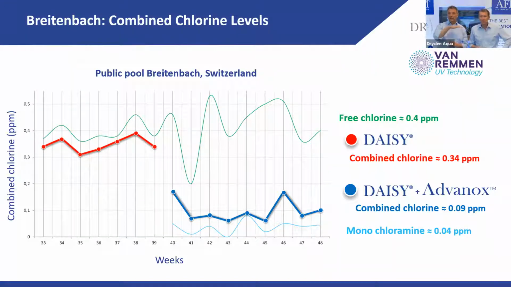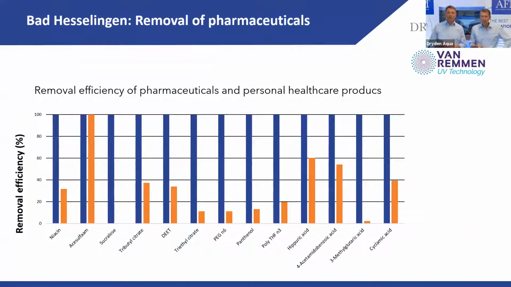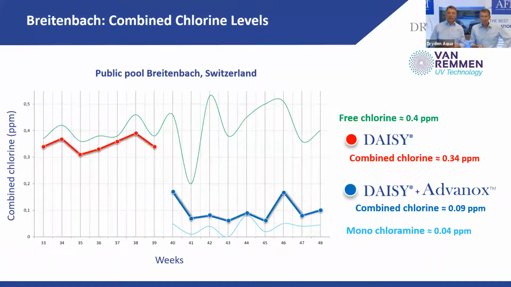This is a DAISY, no carbon, nothing. As I said, you will be below 0.4 on average, but you will not reach 0.2. Exactly. And then DAISY with the Advanox turned on, and you can see that we are right around 0.1 ppm of combined chlorine.